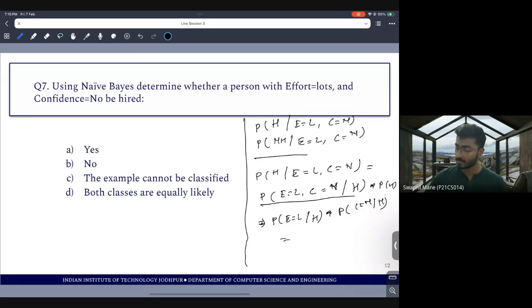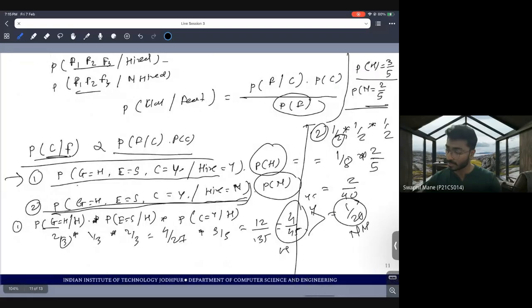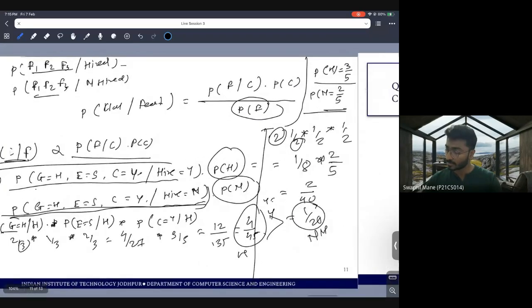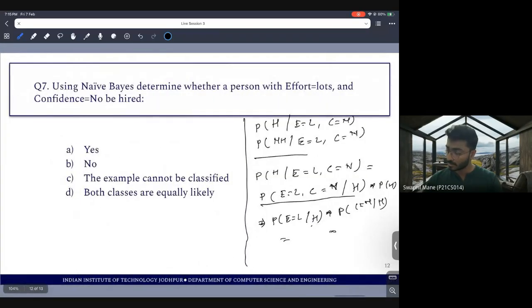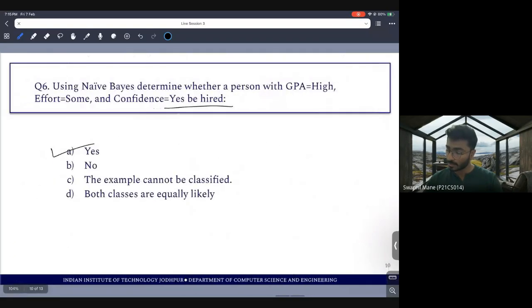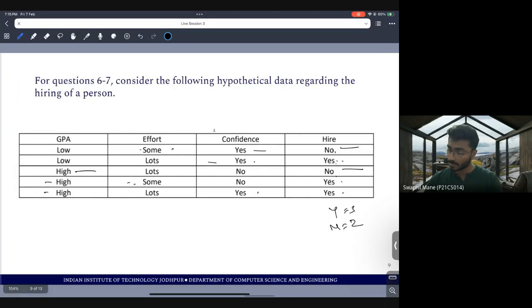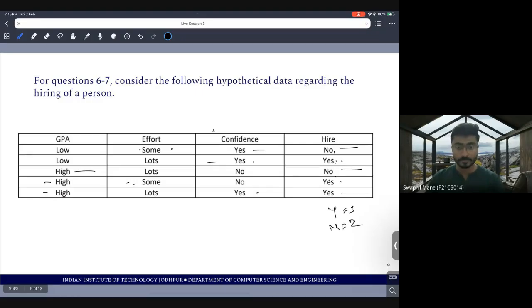Okay, so I'm taking the values directly from the table. Let's take the hired class. The probability of yes, which we have already calculated, is 3 divided by 5. Out of the 3 hired, how many have efforts lots? One, two.